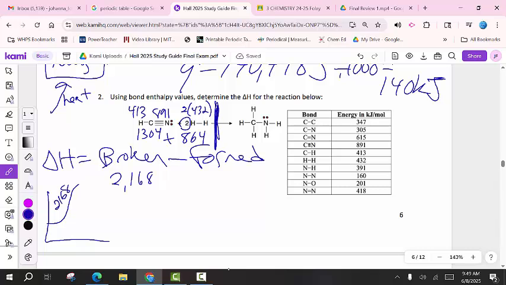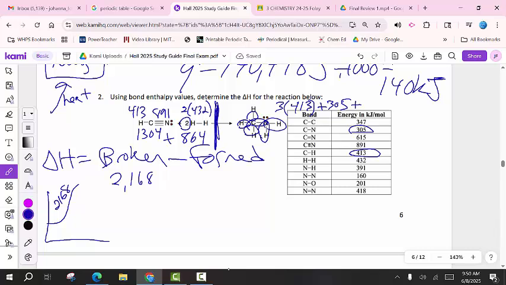Now to get the delta H, we need to know the going down part, which comes from the bonds that are formed. So let's just make sure that we assign these correctly. So the C-H bond is 413, and there's 1, 2, 3 of those. So I'm going to do 3 times 413, and then I'm going to add it to a carbon-nitrogen bond, which is 305, and then I'm going to add that to 2 N-H bonds.